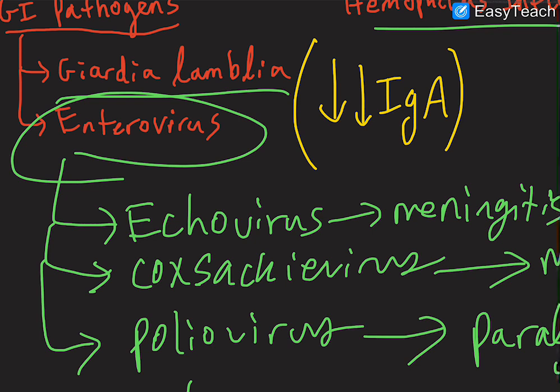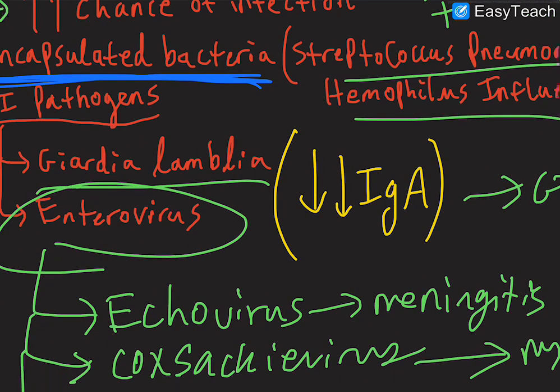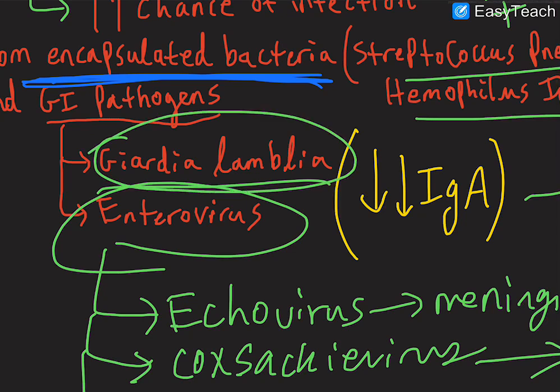So if you don't have any IgA, then you're going to get mucosal infections, for example, enteroviruses. And IgA is also important in your GI tract, as we discussed, right? And a pathogen that can take advantage of low IgA and infect your GI tract, which is right here, is Giardia lamblia.